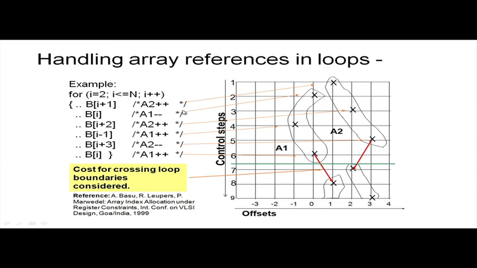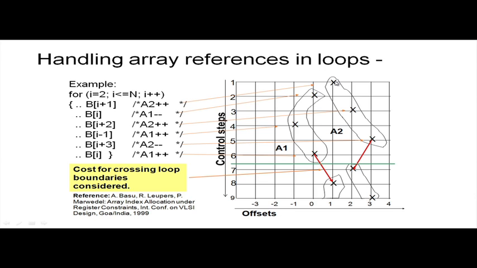Say for example, here is a case with a little more complicated access pattern. Here not only do we minimize auto increment auto decrement, we also try to utilize multiple auto increment auto decrement registers, because there can be multiple registers.